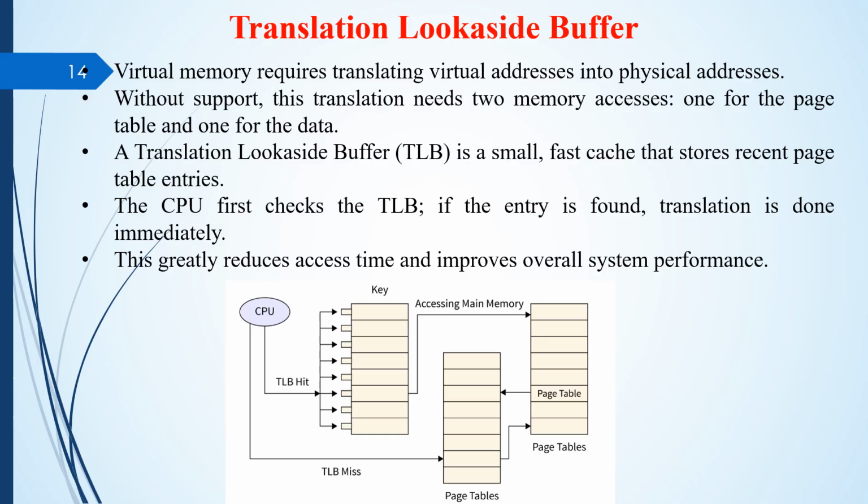If the entry is there, the CPU can immediately get the physical address without accessing memory. If the entry is not there, only then does the system check the page table in memory. Because programs usually reuse the same pages, most lookups are found in the TLB, and this makes memory access much faster.